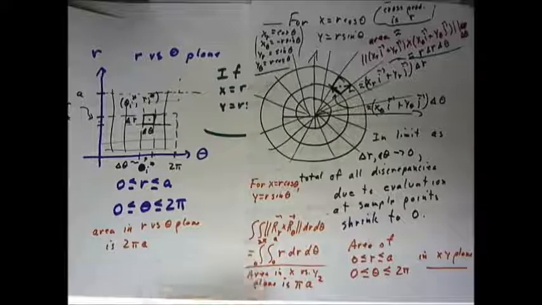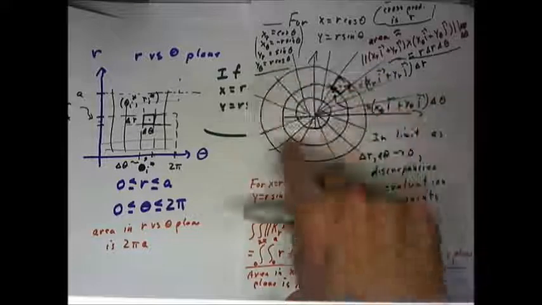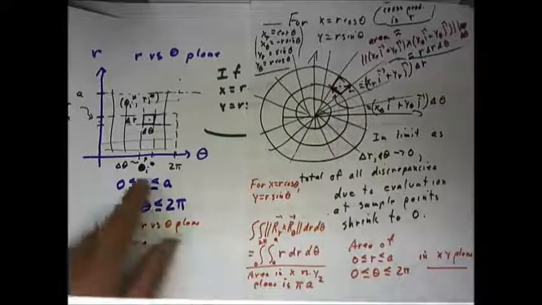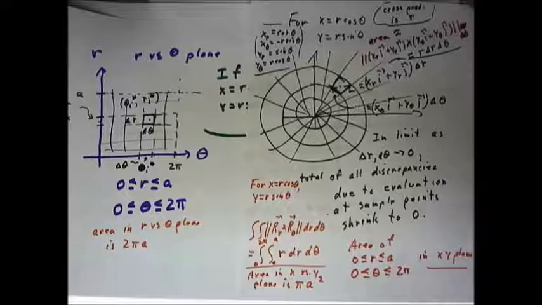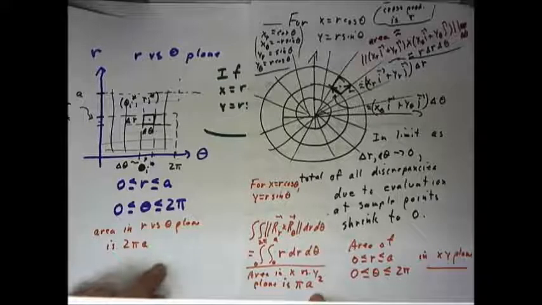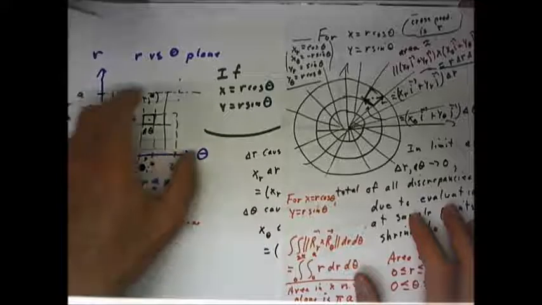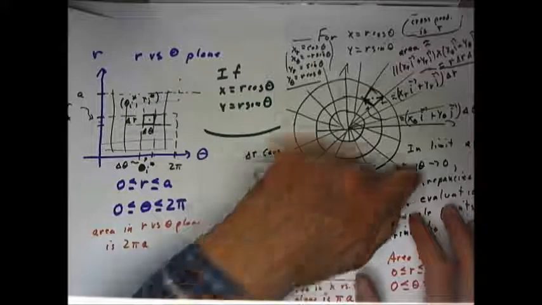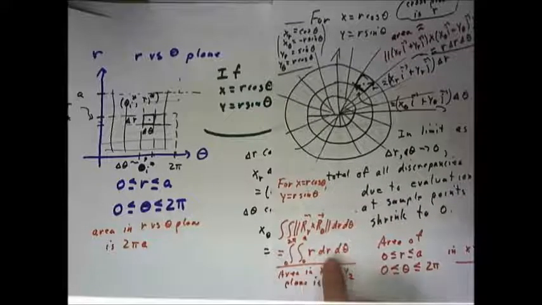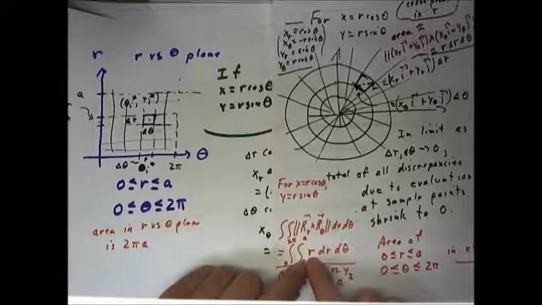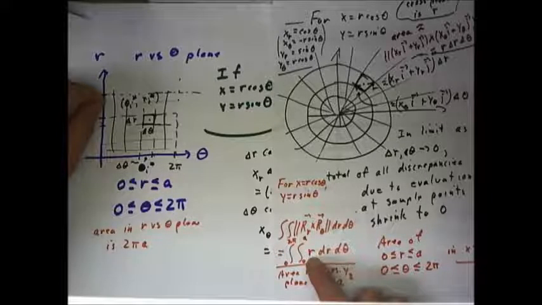Antiderivative is r squared over 2, etc. We get this area, and of course that is the area of a circle described by these parameters in polar coordinates. We conclude that this is not an area preserving map, the map that takes our r theta coordinates by this transformation into the xy coordinates, and that the area factor increases with increasing r.